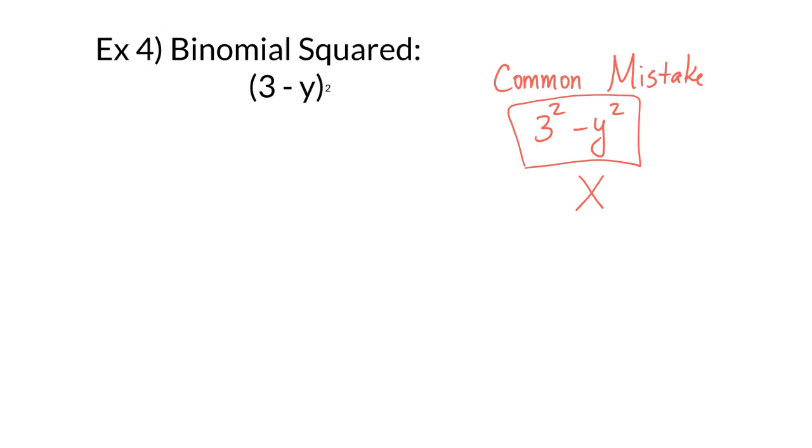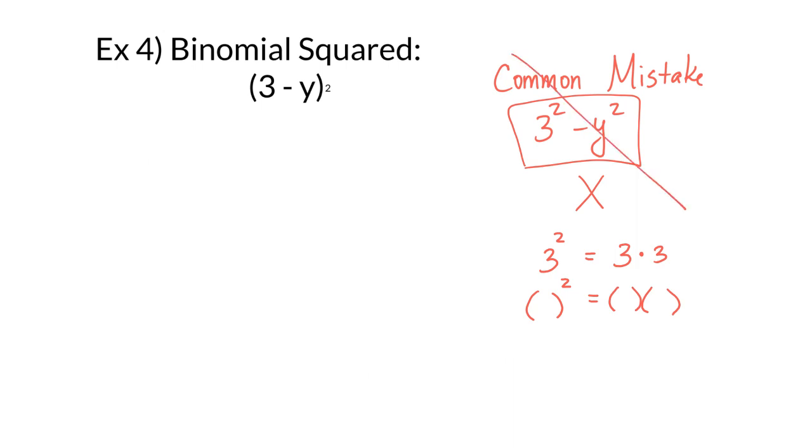When we were talking about exponents, we said 3 squared is the same as 3 times 3. So if something is in brackets and it's squared, that means whatever is inside the brackets is times itself. So we're not putting the exponent inside of the bracket. We are squaring the whole bracket.